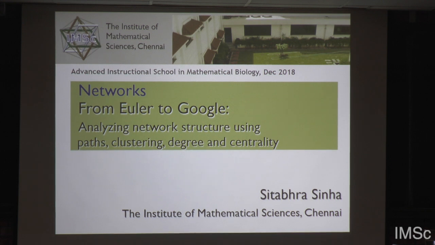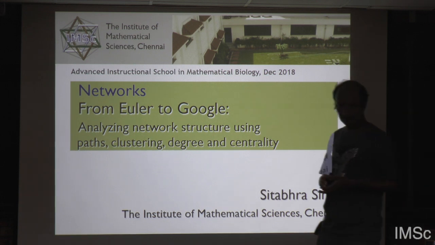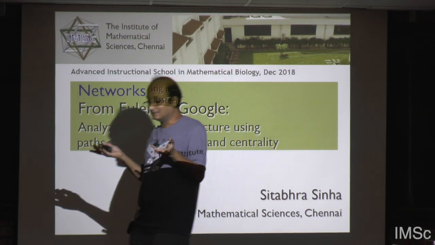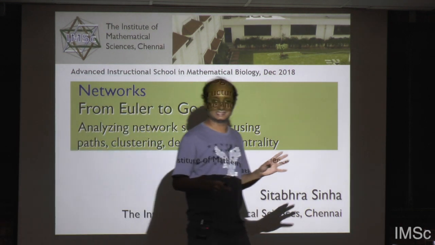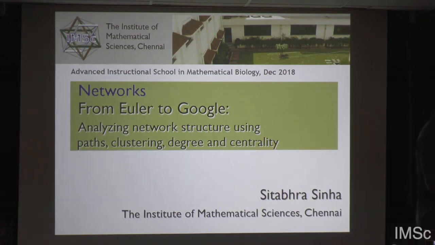I mentioned that just knowing the number of nodes and edges doesn't really tell me too much about how the network is structured. So I might need to know a few more things, like what's the average path length, what's the maximum degree, what's the degree distribution, and so on. I'm going to define all these quantities in today's lecture, connect them to some real systems, and show how you can use these metrics.